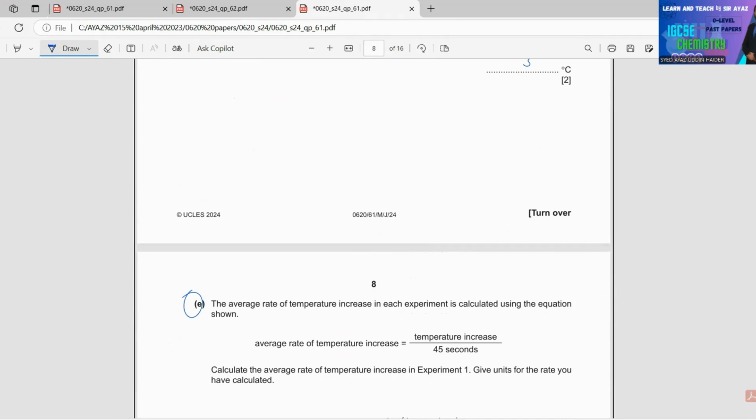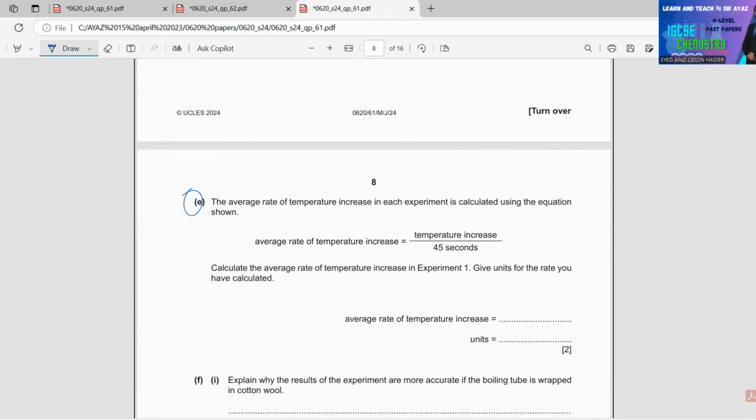The average rate of temperature increase in each experiment is calculated using the equation shown. Average rate of temperature increase is equal to temperature increase by 45 seconds. Calculate the average rate of temperature increase in experiment 1. Give units for the rate. So the average rate of temperature increase in experiment 1 is 12 and the time is 45.